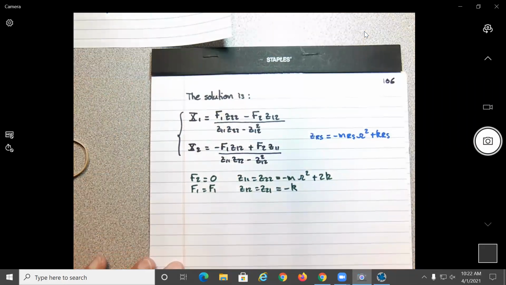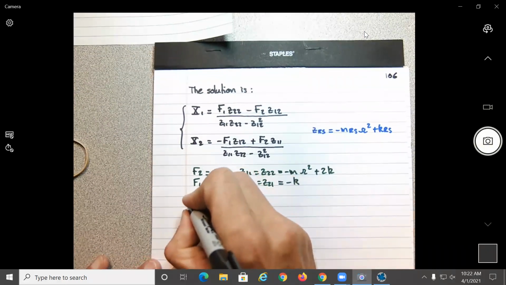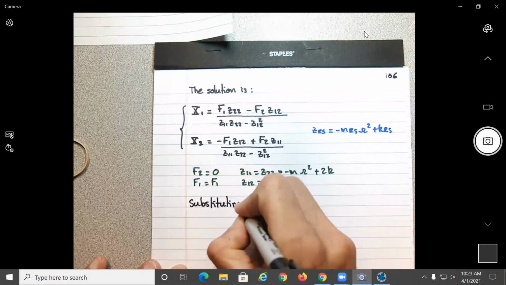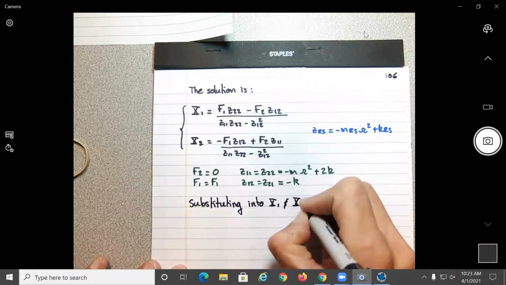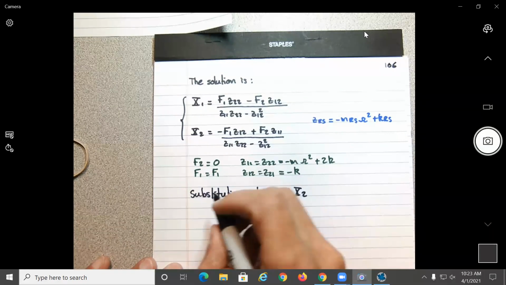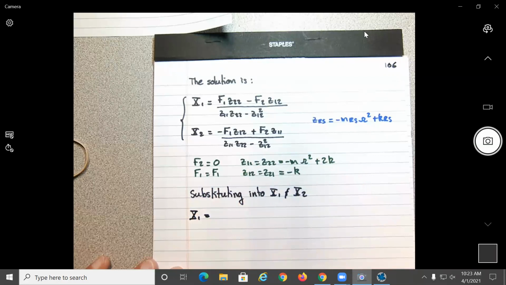All right. So we just need to substitute into these equations. So substituting into x1 and x2. What are we going to have? We have x1, so f1 remains f1.